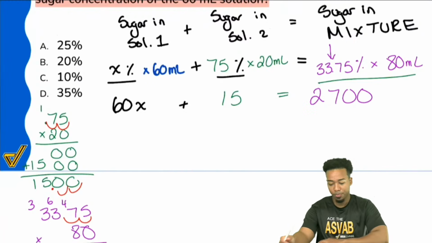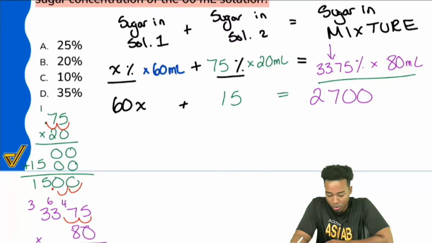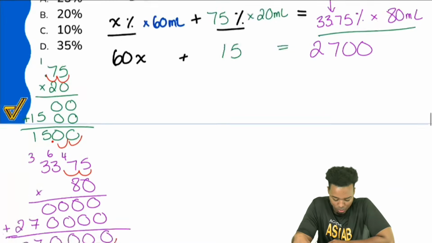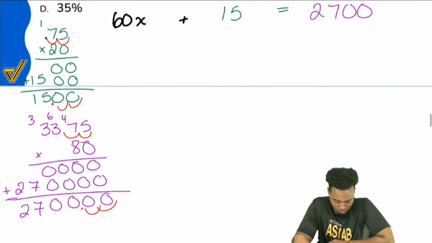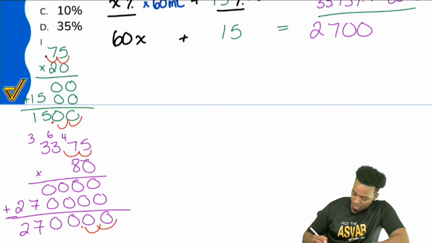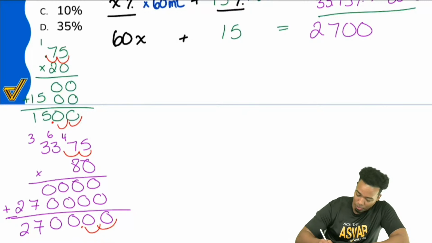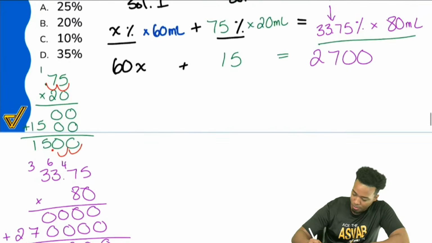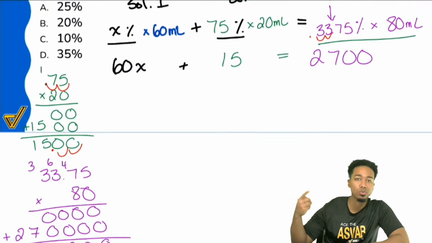Now from here, what do we do, my party people? And excuse me there, one second. Oh, that's right. That's my fault, guys. This should have been moved over, because it should have been 0.3375.